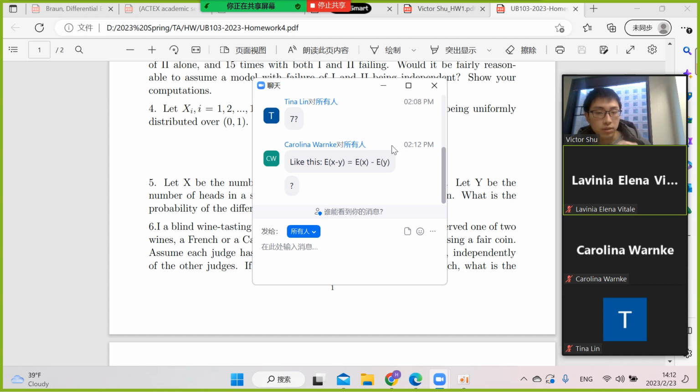Yeah, Carolina, that is the formula I mentioned.